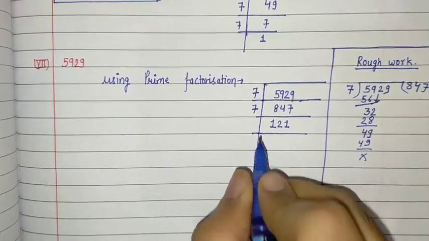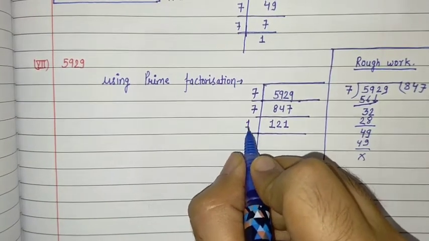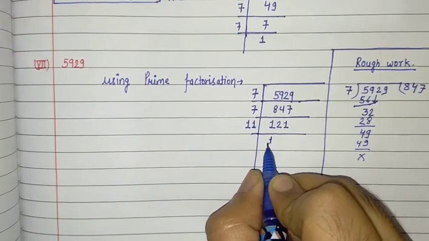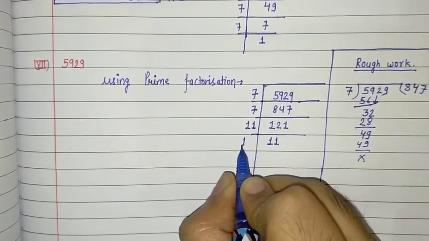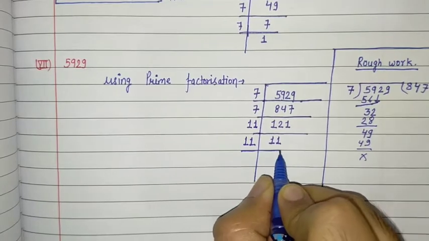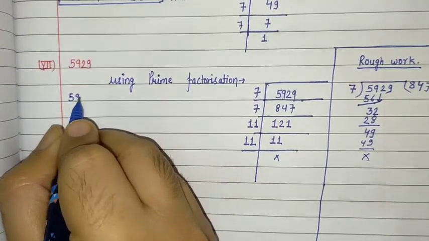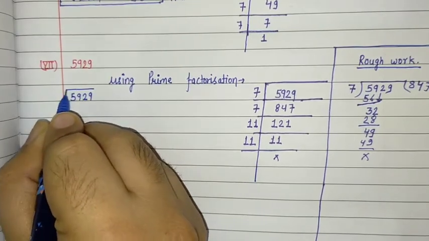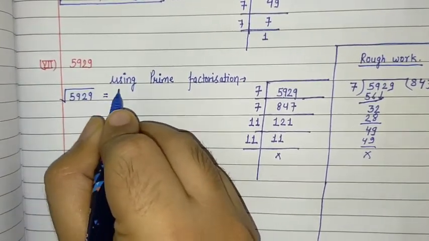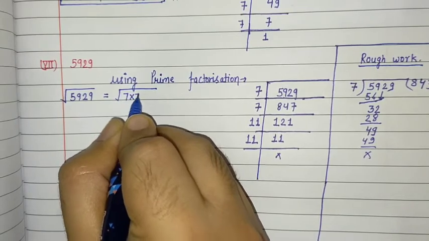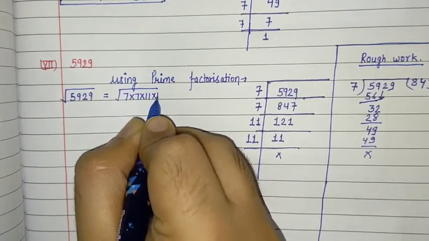The next prime number is 11. If you divide it, it will go 11 times. You will get 11. After that, again with 11. So the square root of 5929 is equal to 7 into 7 multiplied by 11 into 11.